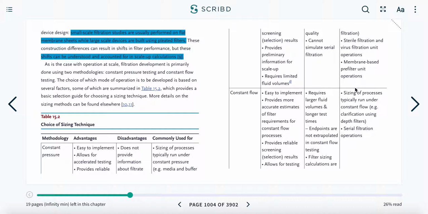So it's really important. So when you go to, let's say, a mAb process, you do have virus filtration, and so you can say viral inactivation. So constant pressure was used basically, and for depth filtration for clarification they use constant flow.